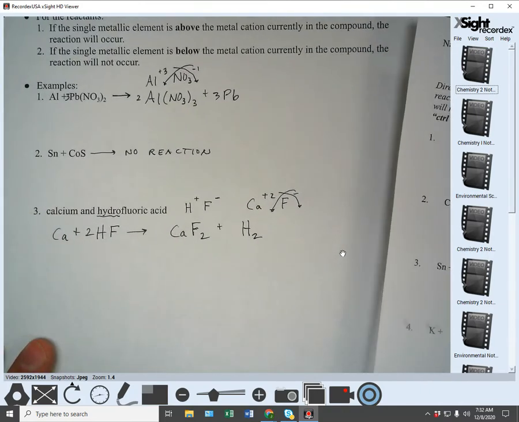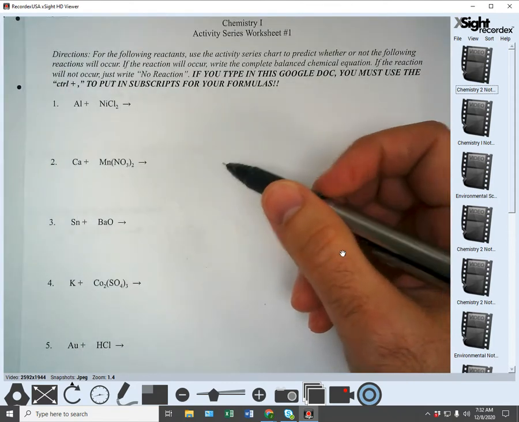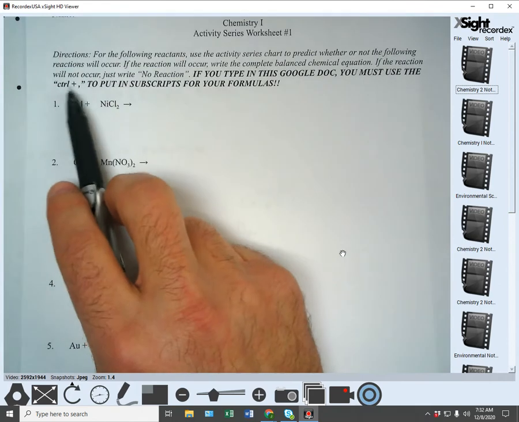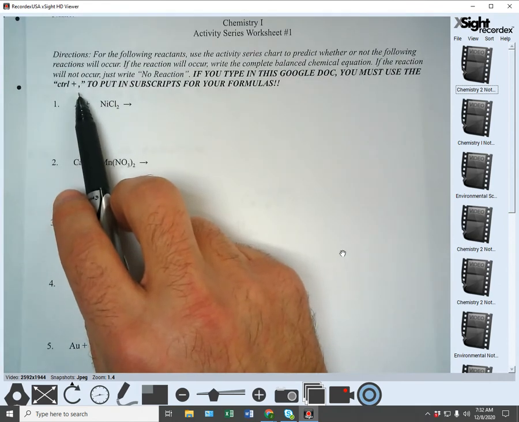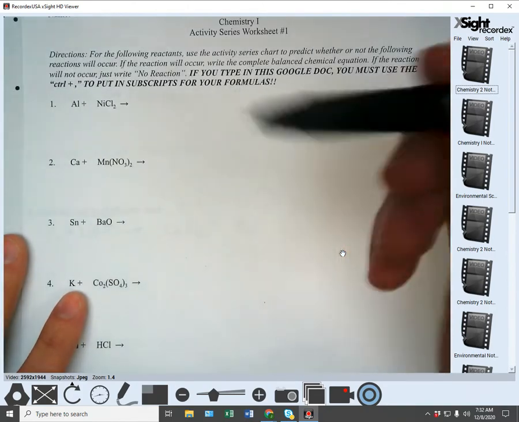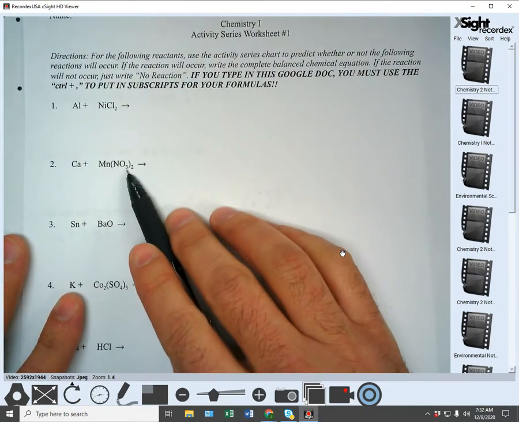Now, if you are typing this in the homework, in the Google Doc, remember, use control comma. You hold down the control and the comma to get subscripts, to get the subscripts down here when you're typing stuff in.